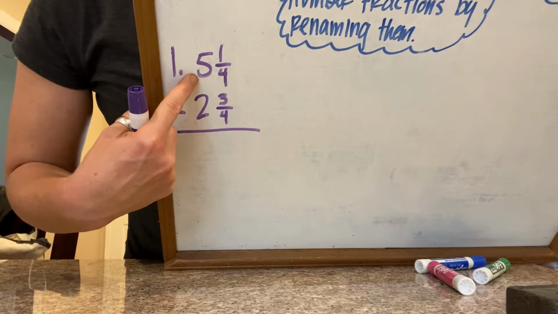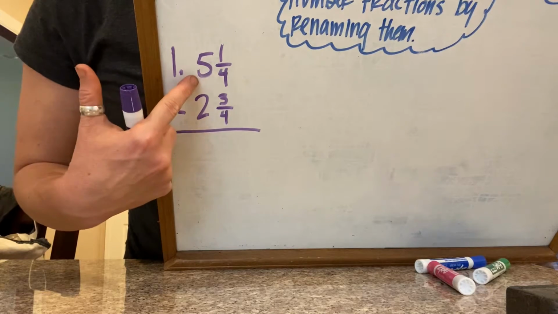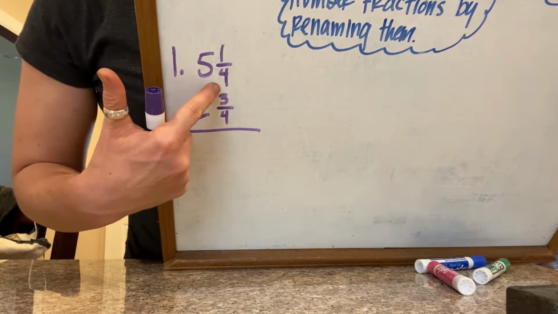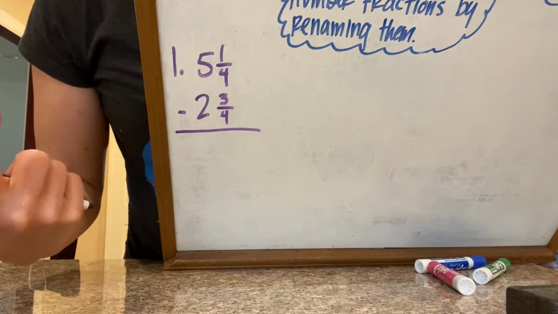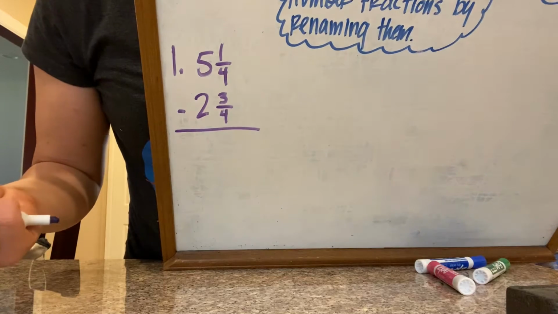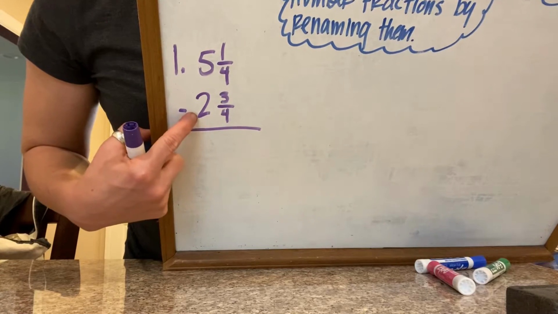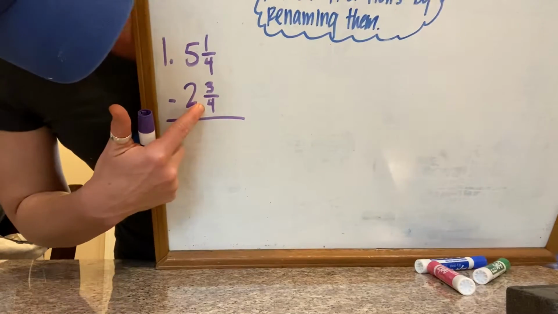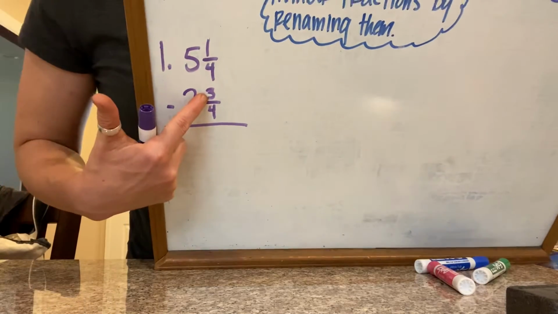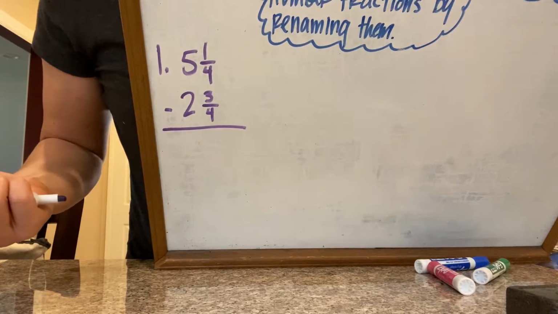So I'm going to talk through this and then do it. 5 times 4 is 20. 20 plus 1 is 21, so it'd be 21/4. And here, same method, 2 times 4 is 8. 8 plus 3 is 11, so it'd be 11/4.